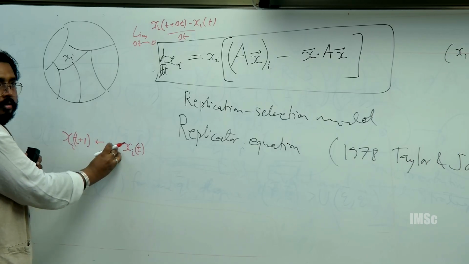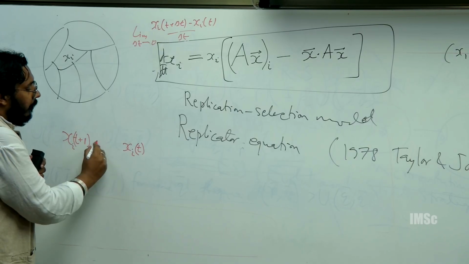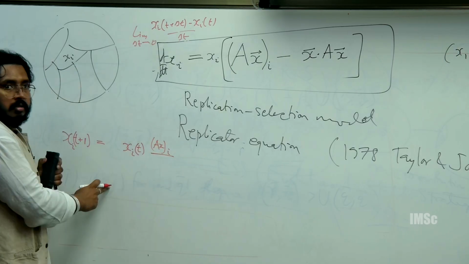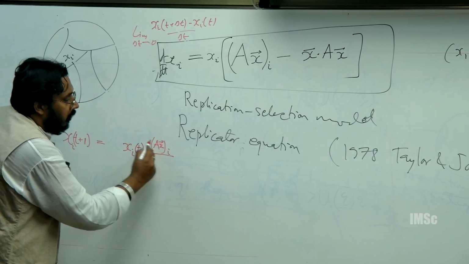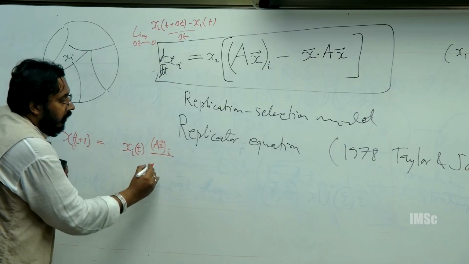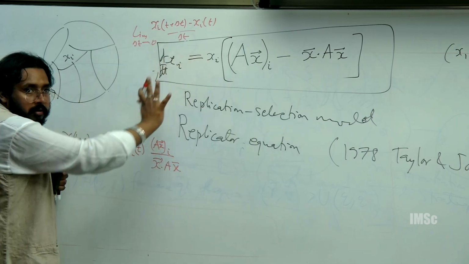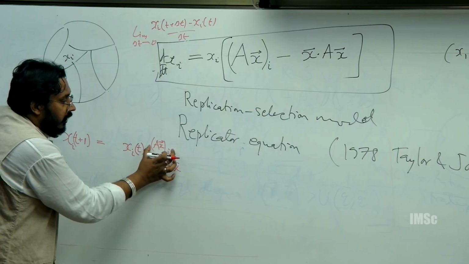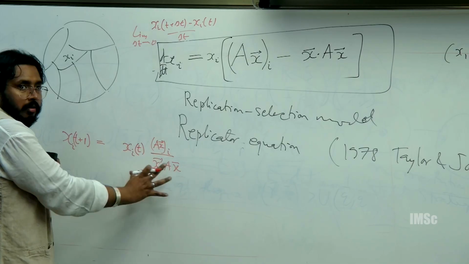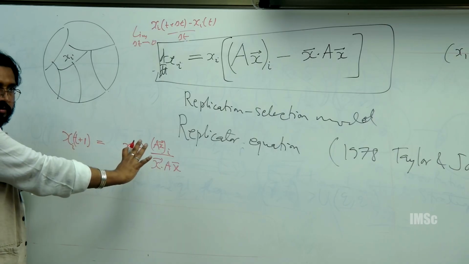So, I need something which is going to either grow it or decay it. Because this is a discrete equation, I am going to do it in this fashion. I am going to say this is my expected fitness. Maybe I should put a vector. And if this expected fitness is more than the average fitness, I am putting it in the denominator. Do not get confused, I will come to that. Okay. Let us take it anew. So, if this expected fitness is more than the population average, this will be more than 1, this will be more than whatever xi was, and this will be more. This works with you, right?